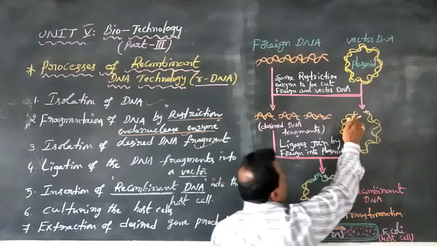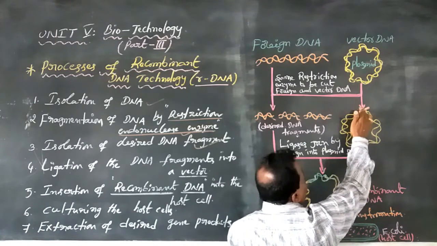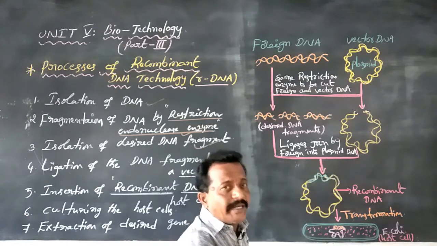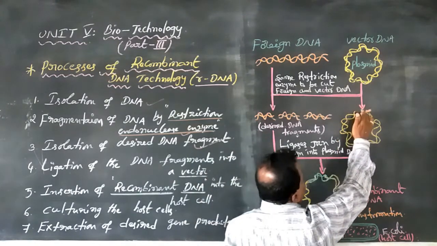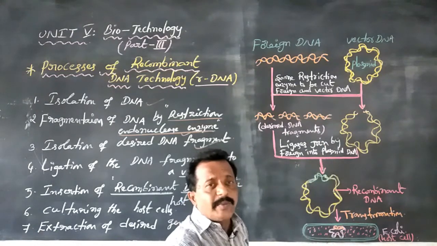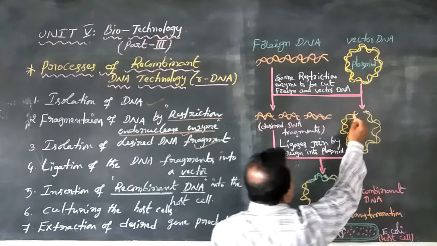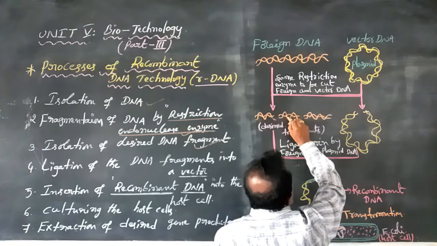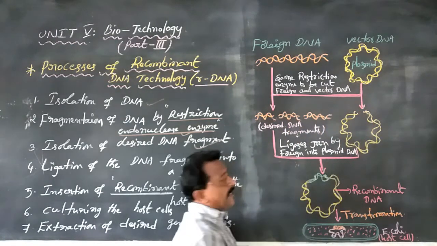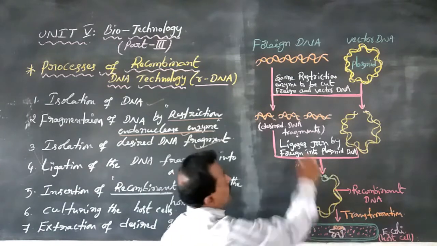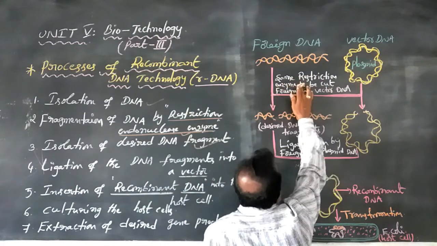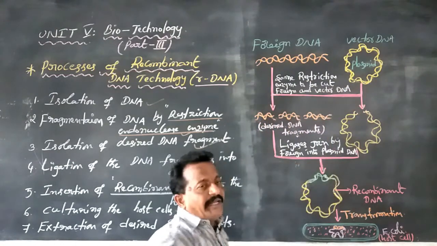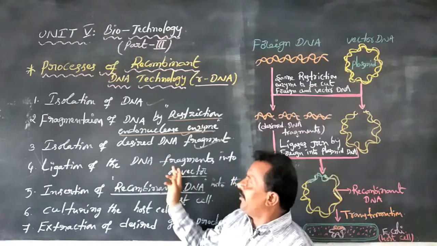This enzyme identifies one specific sequence of nucleotides, that is, a 6 base pair sequence. So the same restriction endonuclease enzyme cuts both the foreign DNA and the vector DNA.